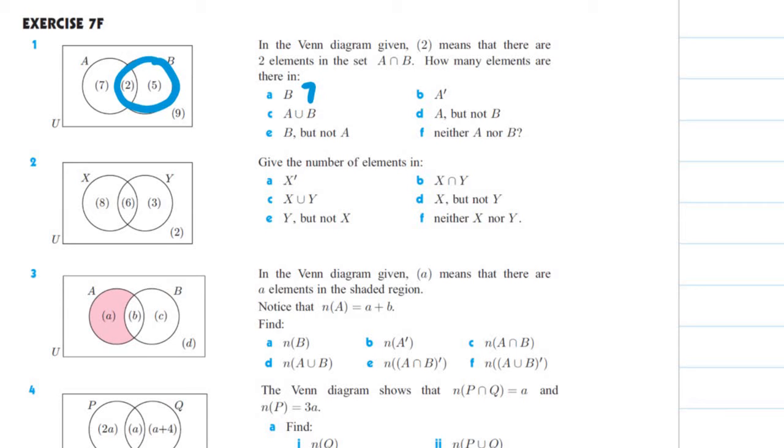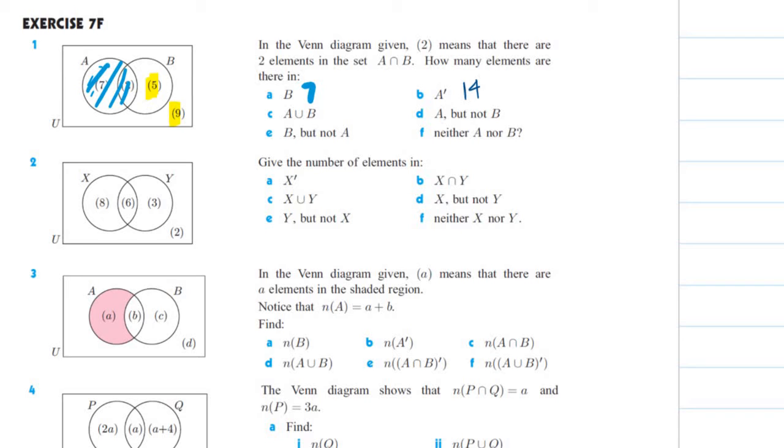For part B of this problem, they asked how many elements are in A prime, or A naught, or not A. Basically that means figure out what's in A. All of these things are A. So everything that's not in there is now what we're counting. So that means we're going to count these 5 people and these 9 people for a total of 14 people, elements, grasshoppers. We don't know what it is.